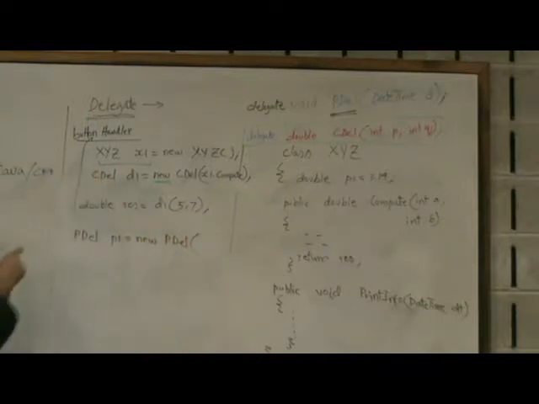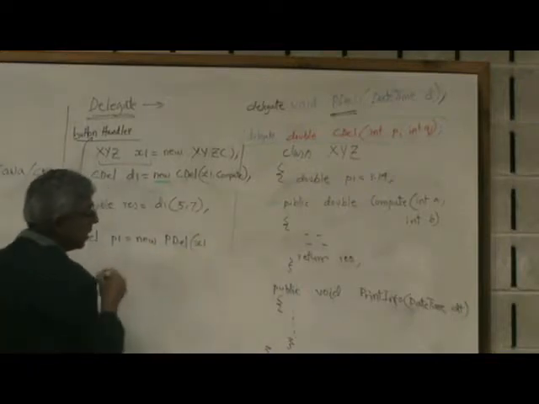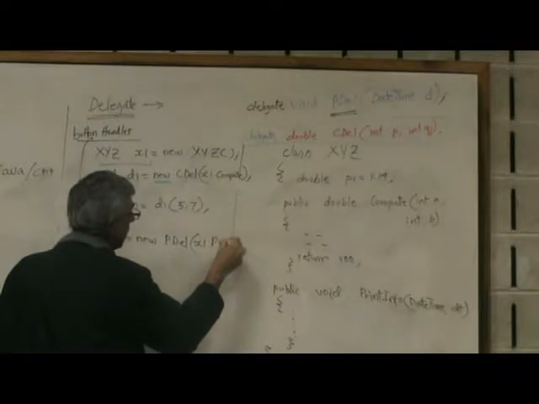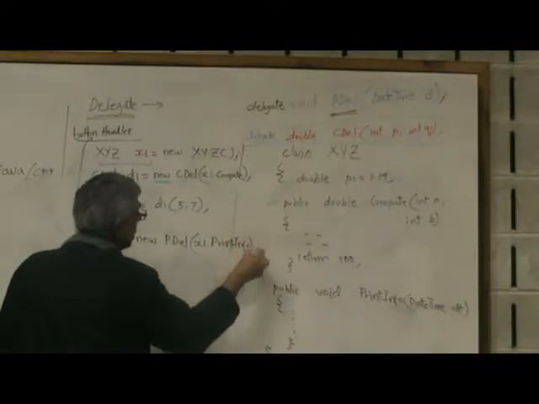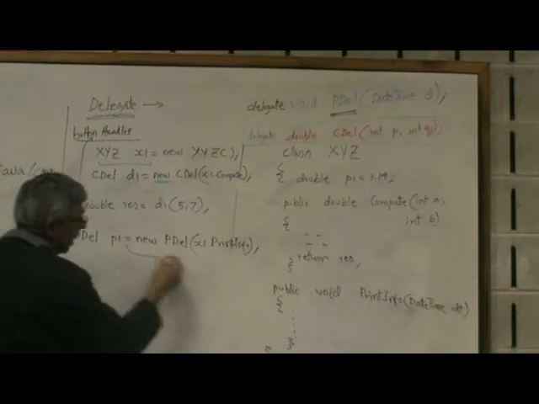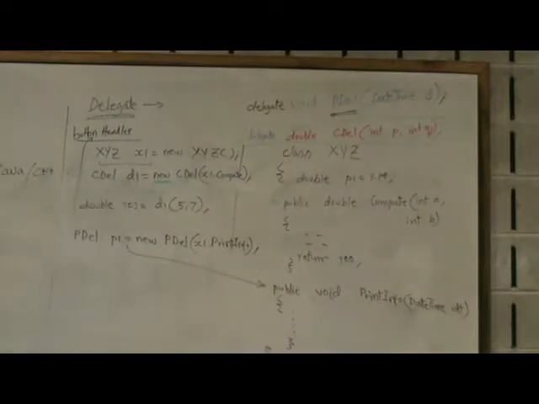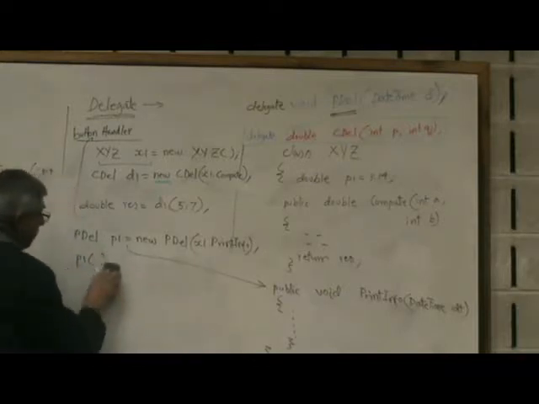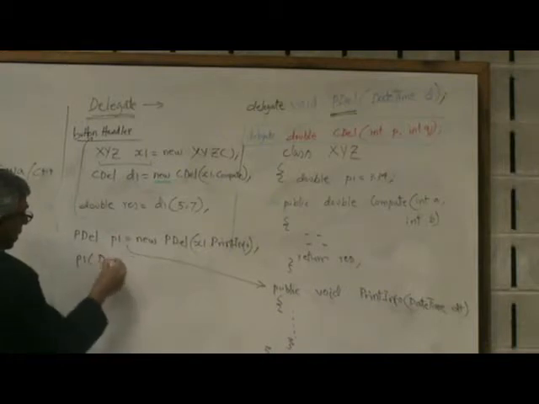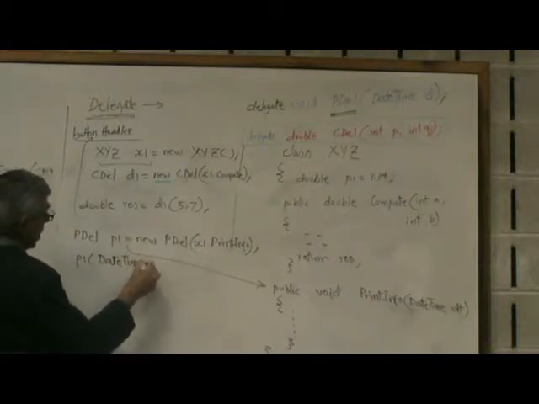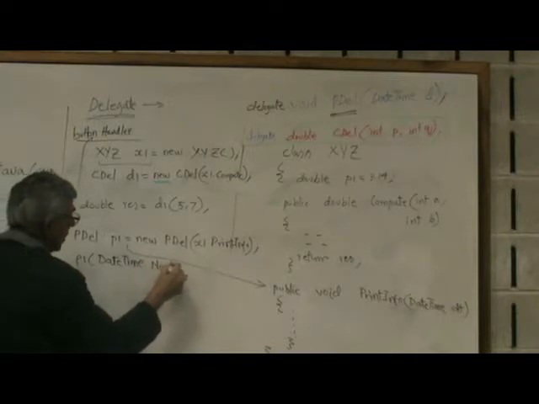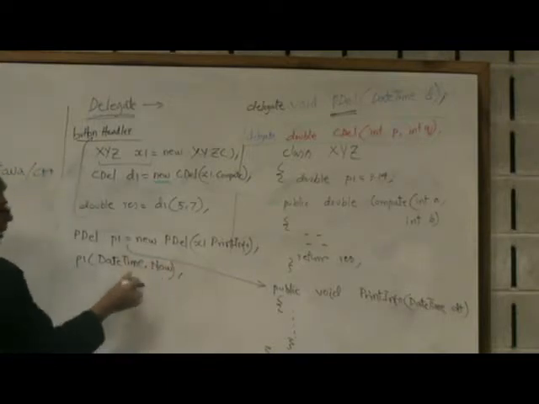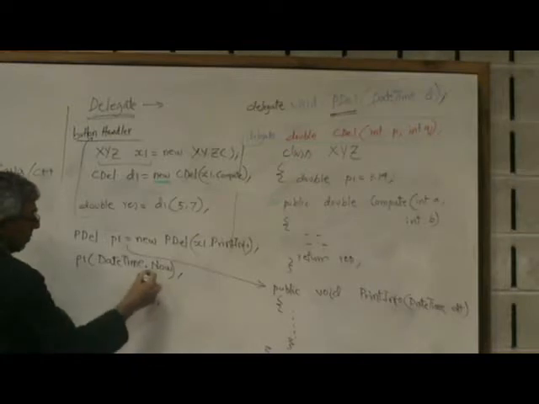Okay, we've already created an object of the xyz class, so what will we say over here? x1.printinfo. Okay, so now p1 is pointing to this function, right? If we wanted to call this through the delegate, what will our code look like? p1 of DateTime.Now. Now is a property of DateTime, which basically gives us the current date and time.